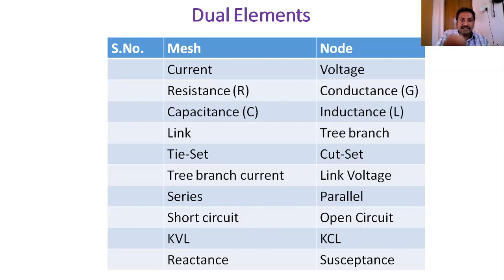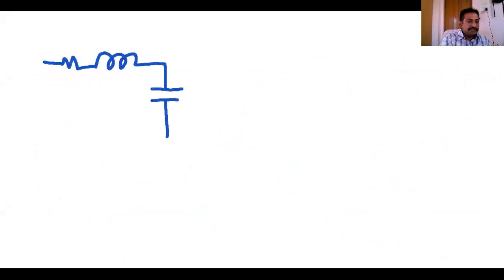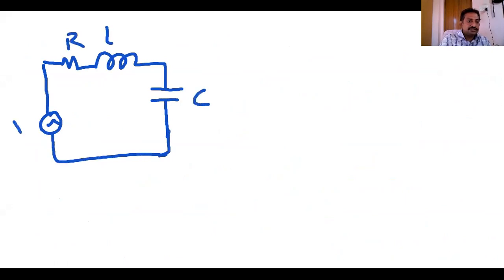Now we will take one circuit and explain it. This is the circuit with R, L, and C and a voltage source. You want to convert it to the dual network.